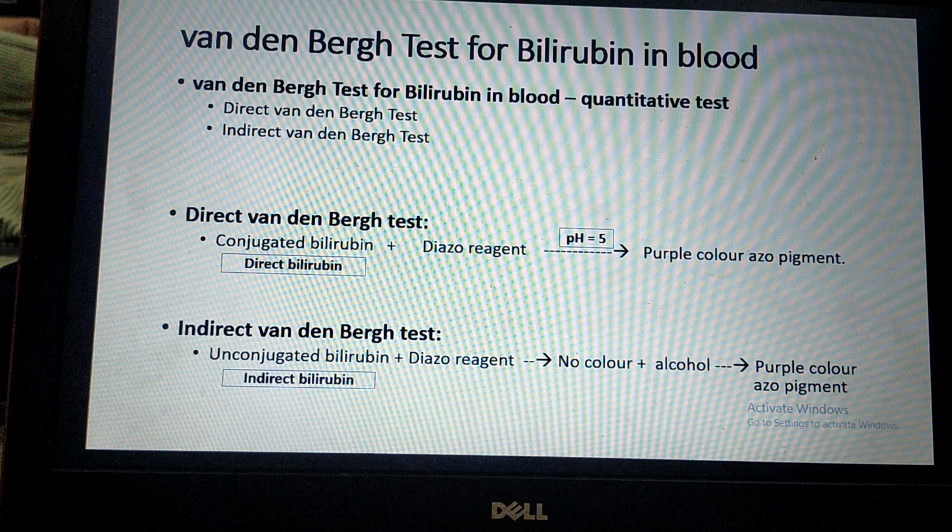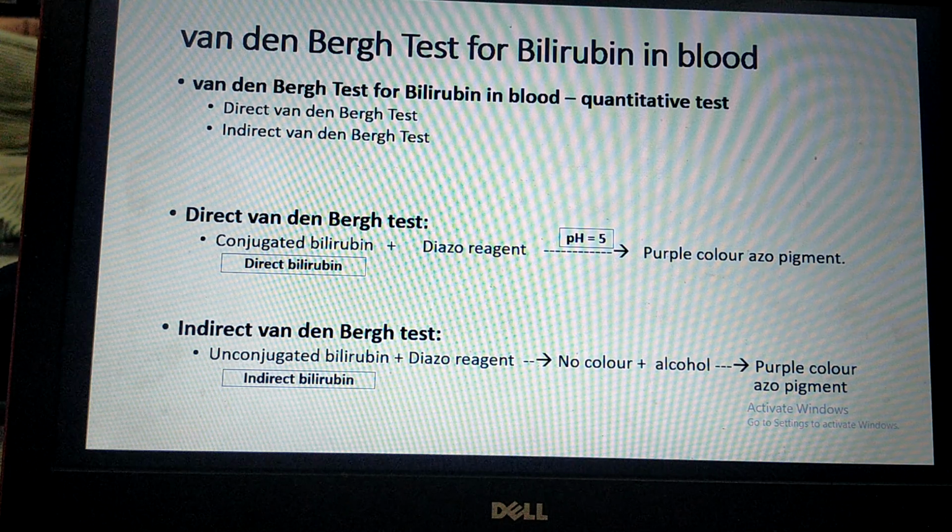In the indirect Van den Bergh test, unconjugated bilirubin when combined with diazo reagent, no color is formed. But when we add alcohol to this, you will get purple color azo pigment. So conjugated bilirubin gives direct purple color by adding the diazo reagent.